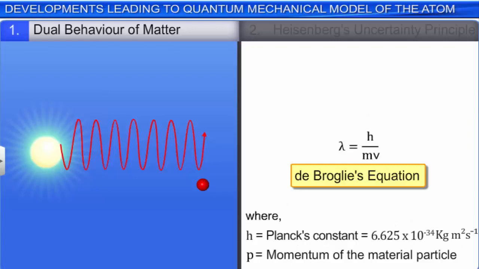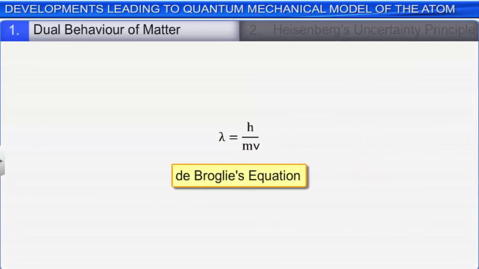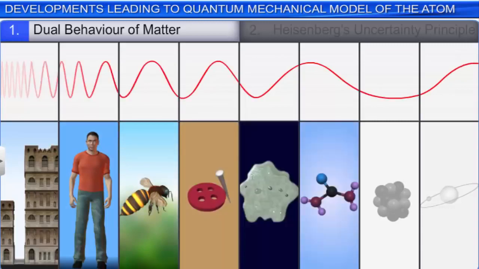Since the momentum of a particle is the product of its mass and velocity, the relation between wavelength and momentum of a material particle can be given by de Broglie's equation. It can be noted from de Broglie's equation that the wavelength and mass of an object are inversely proportional. That is, the wavelength of heavier objects is small and vice versa.